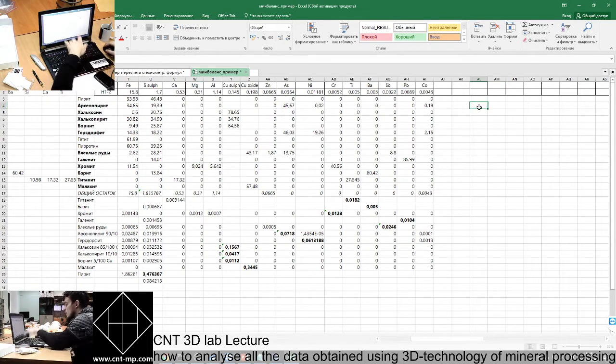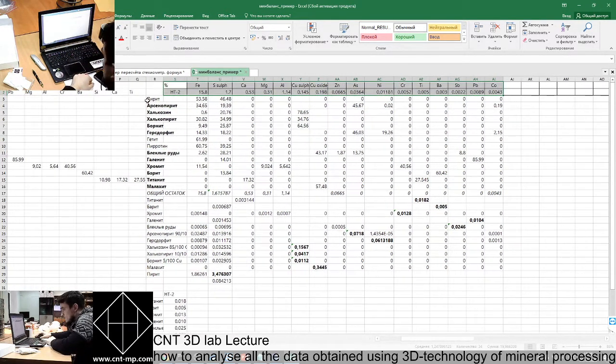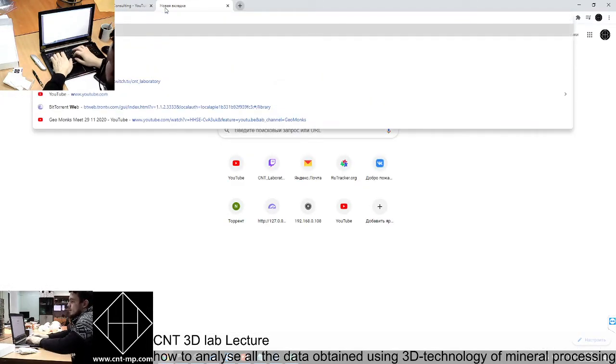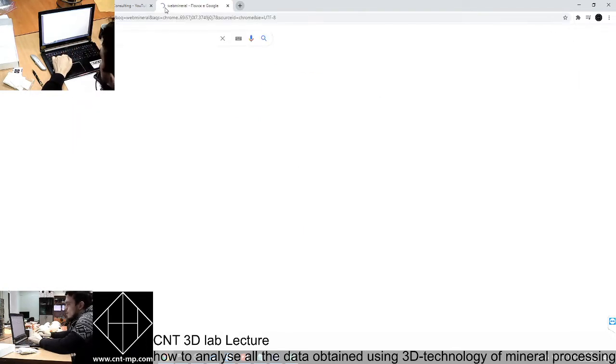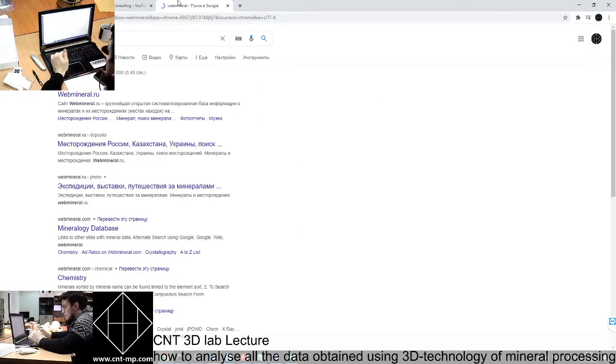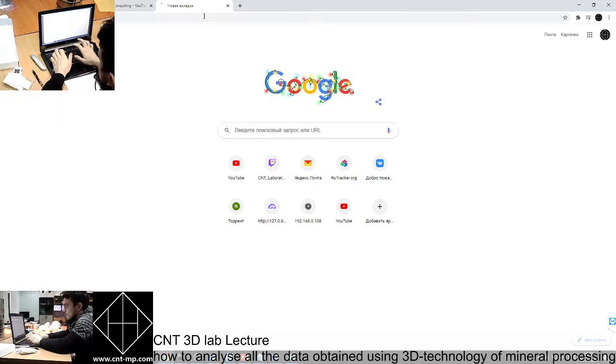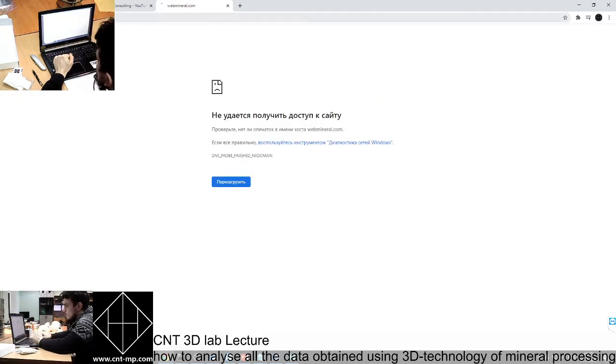So as we know the whole composition of the source sample and the chemical composition of each mineral phase, each mineral species we observed in the sample, sometimes we can use literature data such as webmineral.org, or .com.